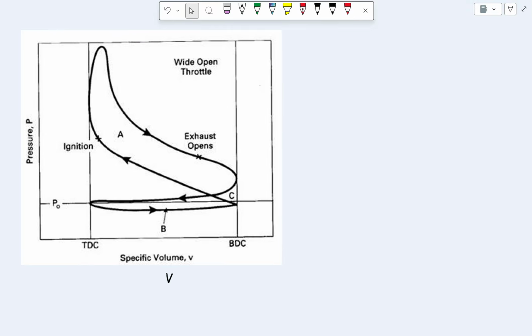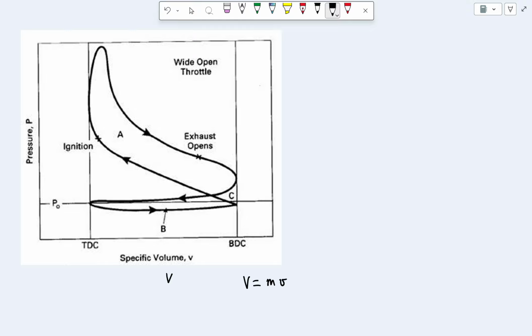To convert between the two, volume is equal to mass times the specific volume. But typically we use either volume or specific volume. It's kind of the same thing.